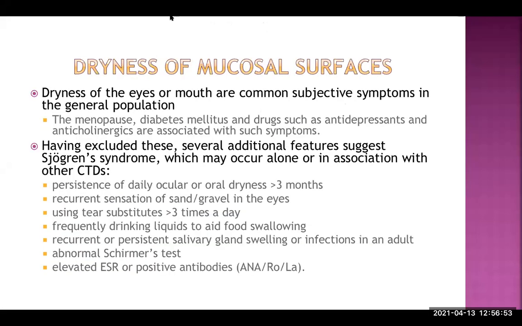Dryness of the eyes or mouth are common subjective symptoms in the general population. So many disorders can produce that, but connective tissue disorders are one of them, especially Sjogren's syndrome.